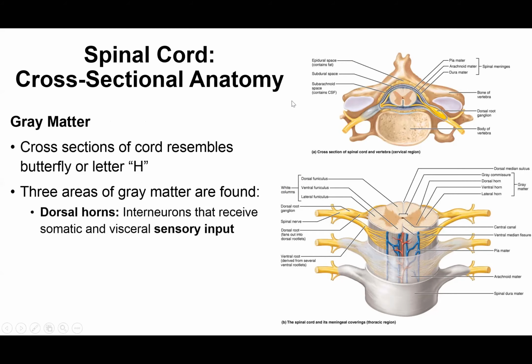So we have the dorsal horns, and the dorsal horns are composed of interneurons that are going to receive sensory input from both somatic and visceral inputs.